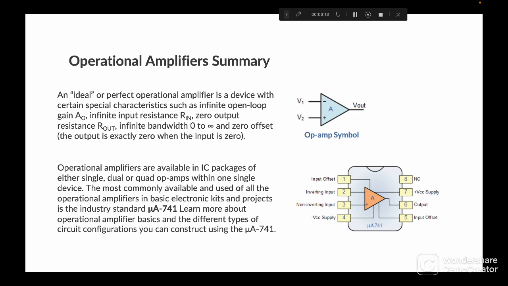The most commonly available and used of all the operational amplifiers in basic electronics kits and projects is the industry standard Micro A741. Learn more about operational amplifier basics and different types of circuit configuration you can construct using the Micro A741.